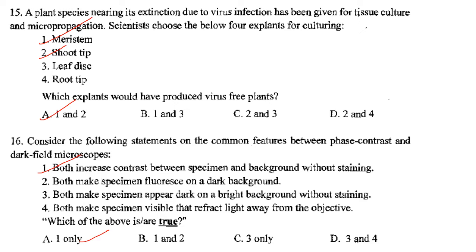No. Both make specimen appear dark on a bright background without staining. No. Both make specimen visible that refract light away from the objective. No. So the answer is A only, that is 1. Answer A is correct. That is both increase contrast between specimen and background without staining.